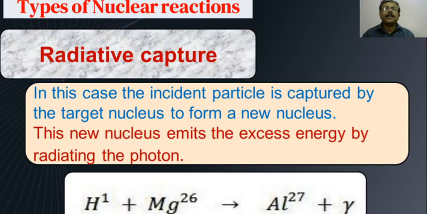Now you can see the case of a proton being targeted towards magnesium. As a consequence, the proton gets absorbed by the magnesium and is transformed into an aluminum nucleus. But in the process, there is an ejection of a gamma particle. This is an example of radiative capture.